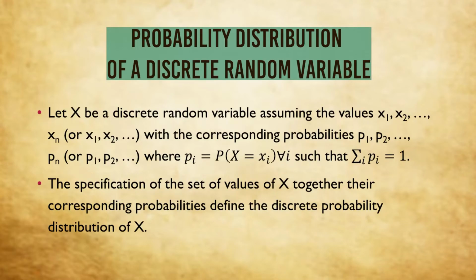So the probabilities will be p1, p2, ..., pn in the finite situation, or p1, p2, ... in the infinite situation. Obviously the total probability will be equal to 1. So for any particular example, we can form a table where x will take up the values with the corresponding probabilities. A tabular form or specification of this is called the probability distribution of a discrete random variable.